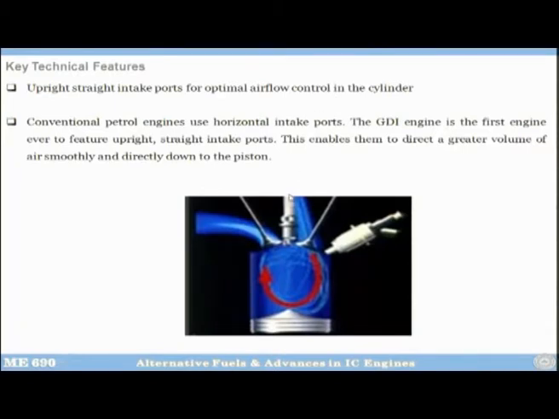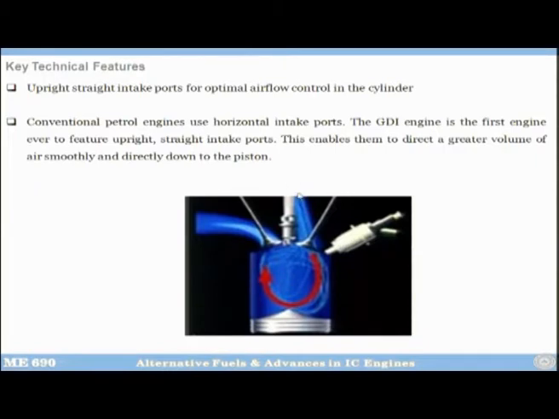See, the idea of making a gasoline direct injection engine possible is that you have to create some kind of tumble motion inside the combustion chamber, so that your fuel gets concentrated very close to the spark plug. If you have a horizontal port, then it will be very difficult to achieve such a tumble motion.